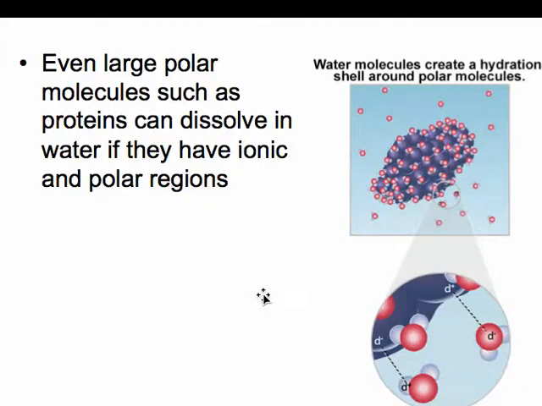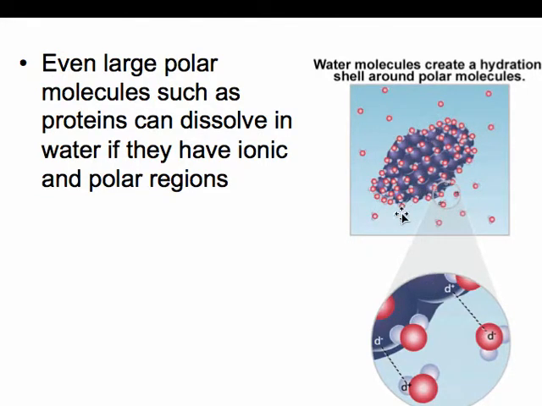Water can also do this to non-ionic polar molecules. A very large molecule might be something like a protein, and you have many proteins in cells and many proteins in the blood. Proteins can be non-ionic polar molecules. Just like water can break apart the sodium and the chloride, water can surround polar molecules and create hydration shells around them.